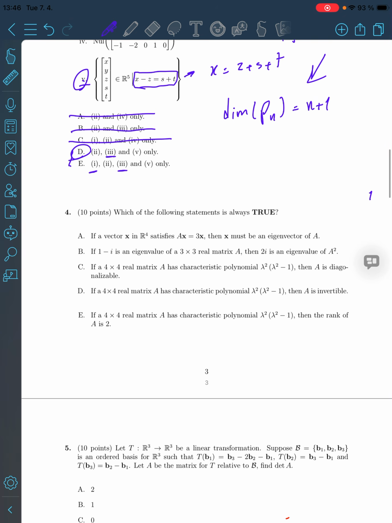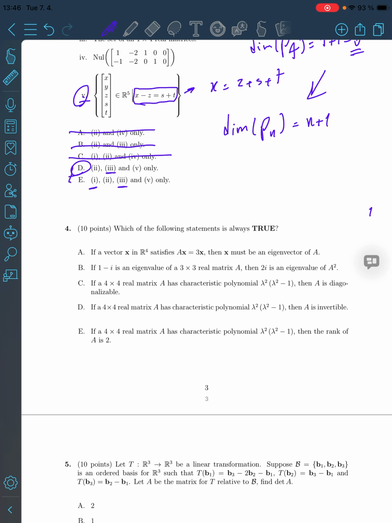So let's move on to the fourth question. Which one of the following statements is always true? The majority of students opt for A, but this is not the answer. Let's read this question carefully. A vector x in R4 satisfies Ax equals 3x.